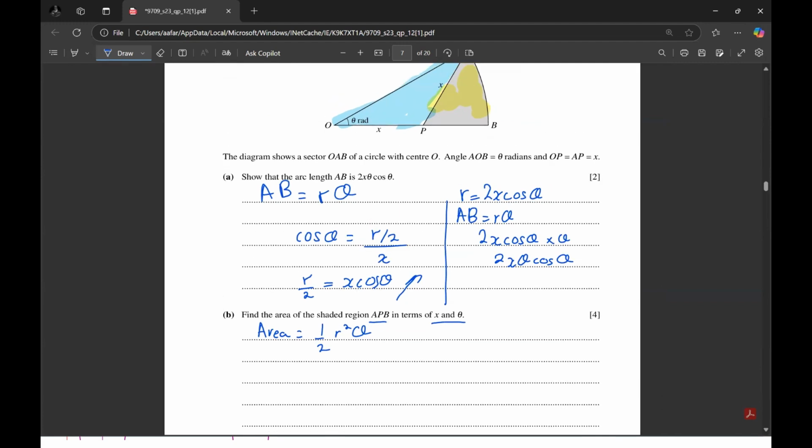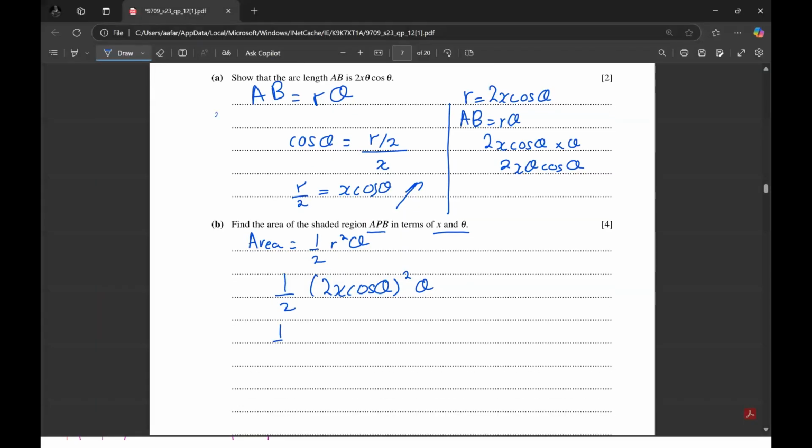So we have half r squared, sorry, r is 2x cos theta, so 2x cos theta whole squared into theta.